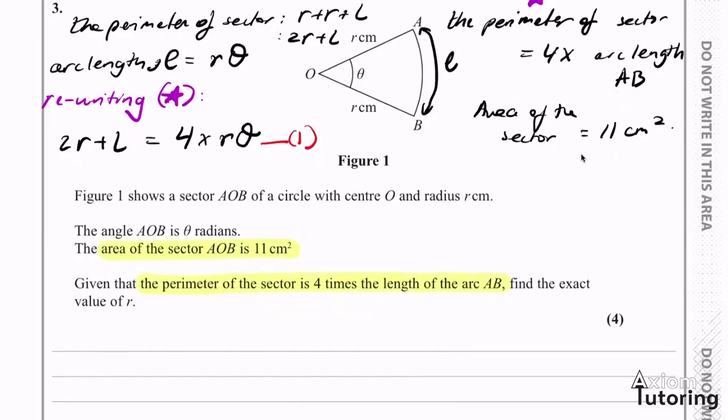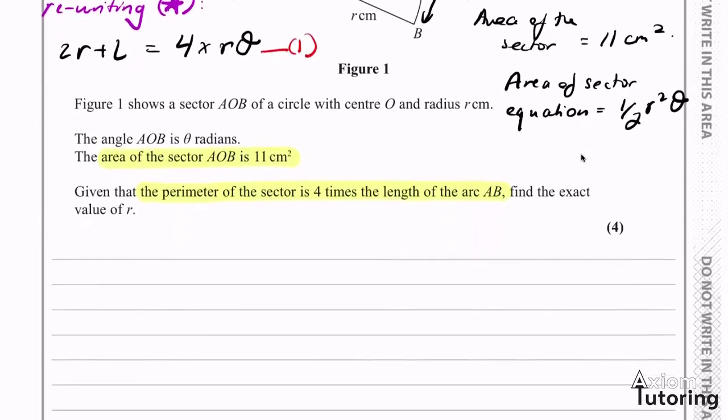And then we're told as well that the area of the sector is 11 centimeters squared. Now, what is our formula for the area of the sector? The area of the sector is equal to half R squared theta.